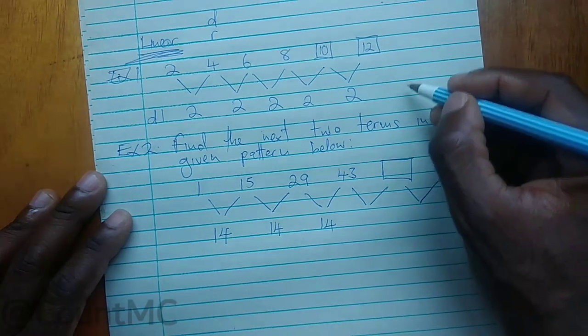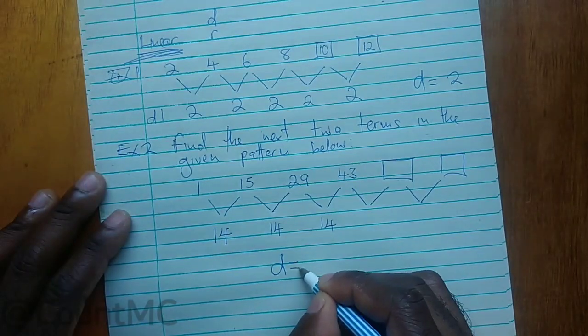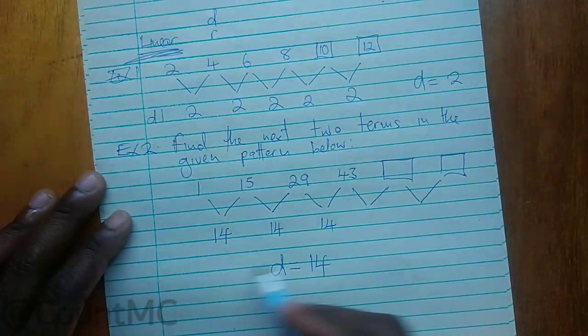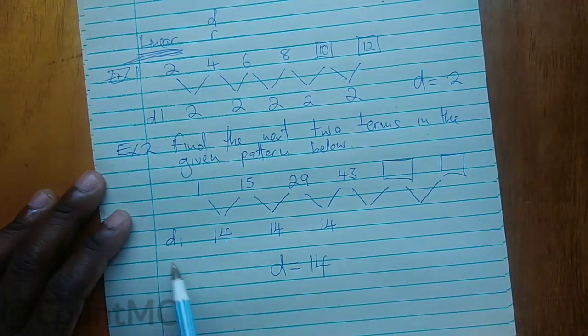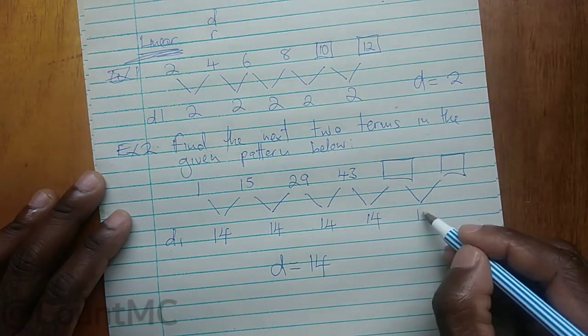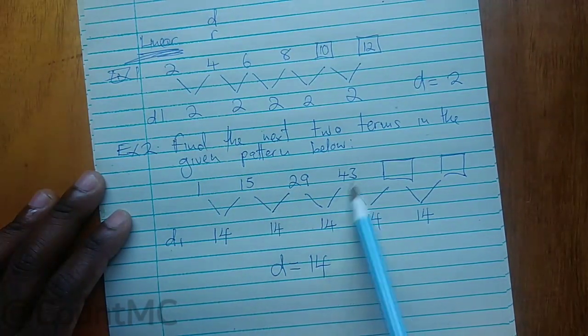So here D was 2. Here D is 14. So we know that D is common throughout when it's linear. 14, 14. So remember the wave pattern.